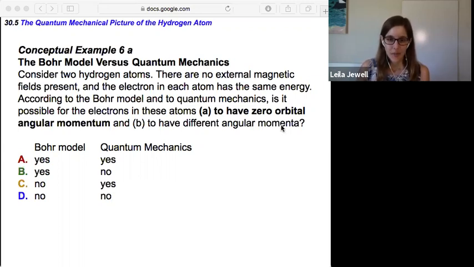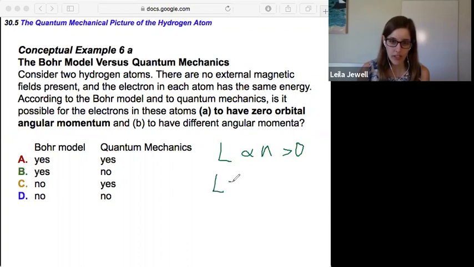Okay, well, let's think about the orbital angular momentum. In the Bohr model, we saw that orbital angular momentum was proportional to n. And n starts at values equal to 1, so it always has to be greater than 0. So the Bohr model says no, we can't have 0 angular momentum. What about quantum mechanics, though?